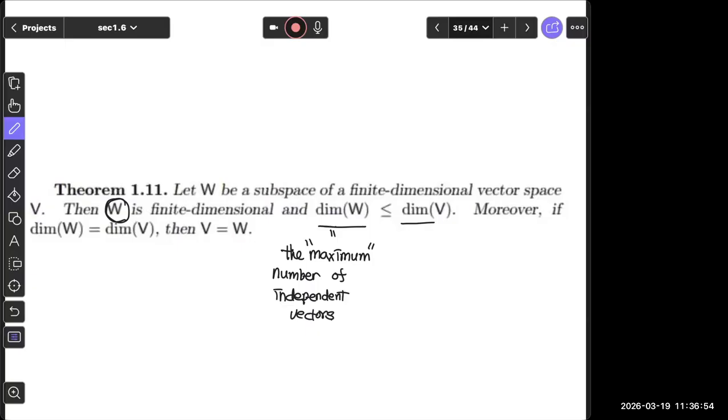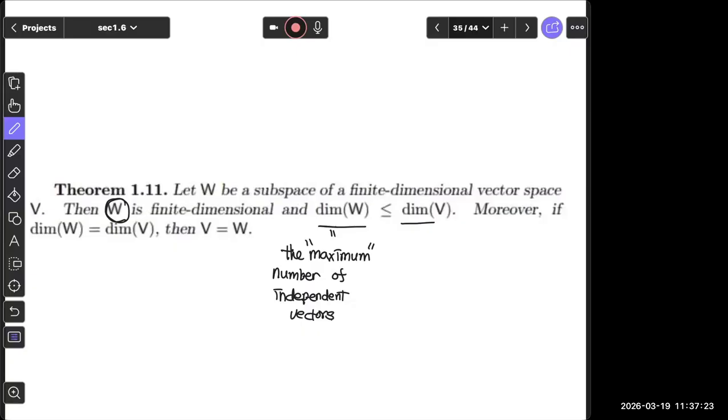So a subspace W cannot have more independent vectors than V. So this inequality must be trivial. And if the dimension of W and the dimension of V are equal, then V and W must be identical, right?